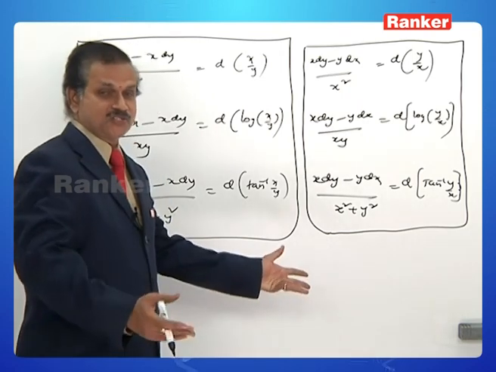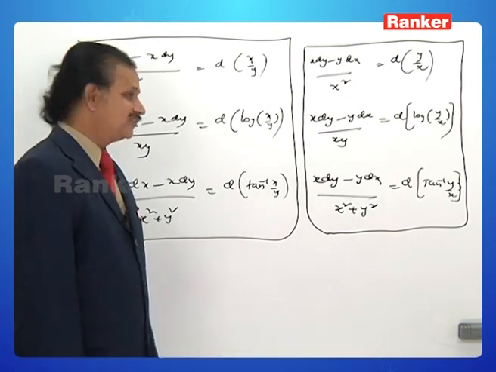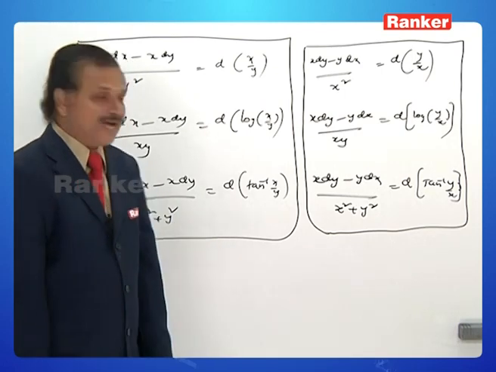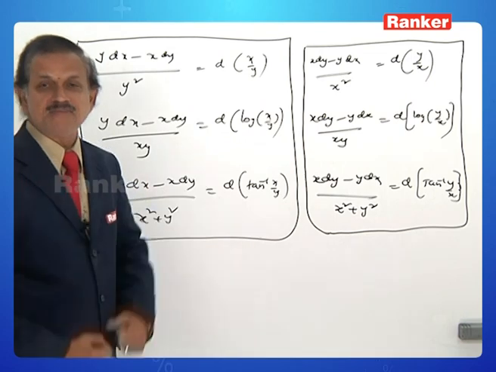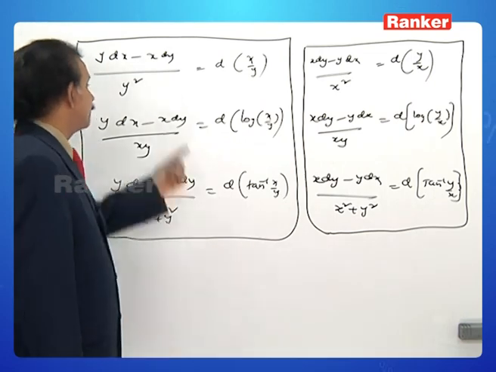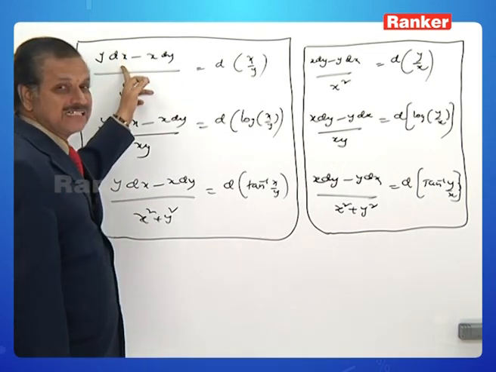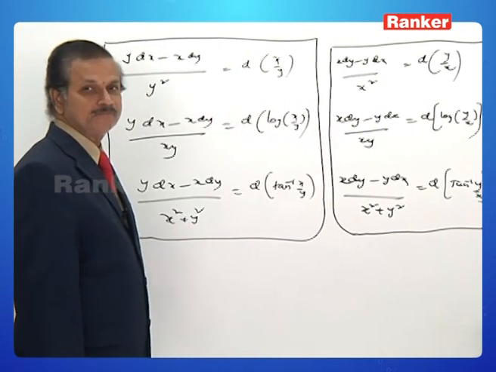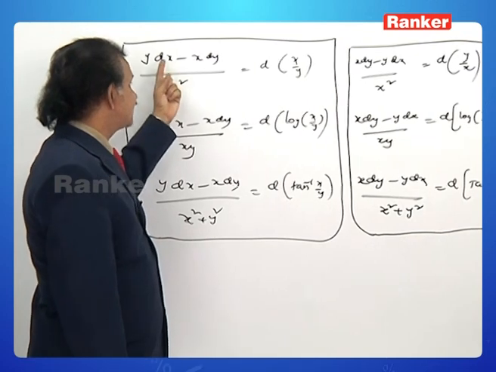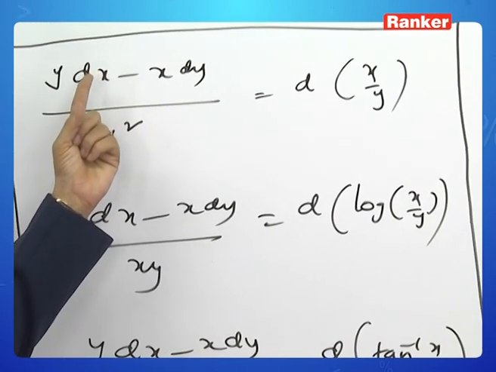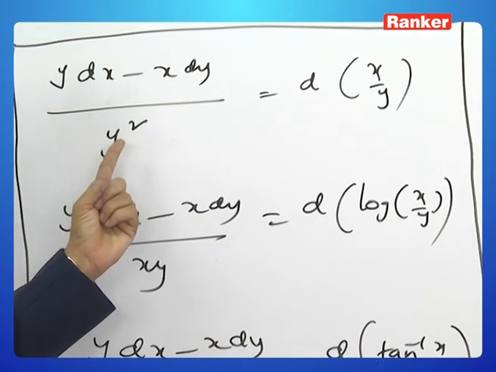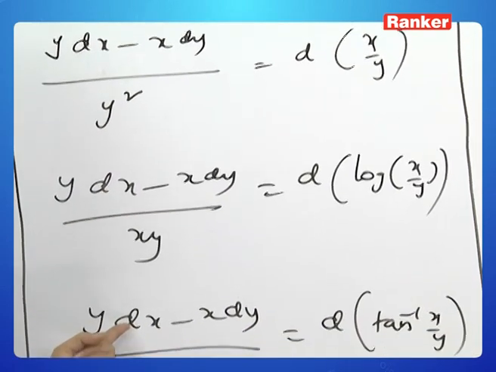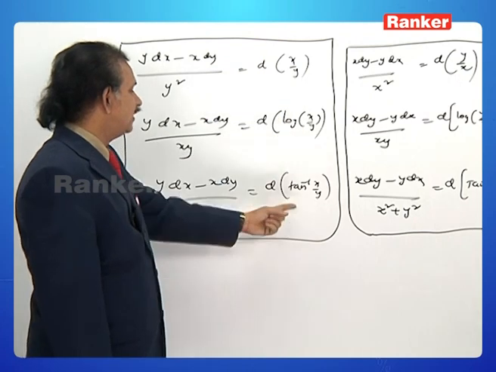You must have understood one particular thing. There is a lot of scope for being confused. How to catch it, how to remember them. Look here. dx occurs in the beginning, so it is x by y. If the numerator starts with dx, the denominator must be y square. Numerator starts with dx, x by y.